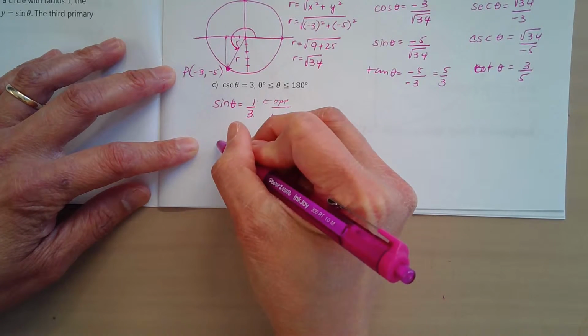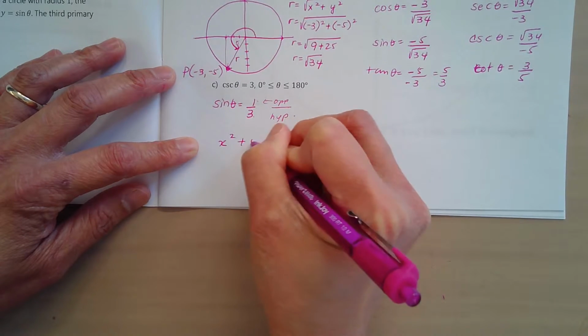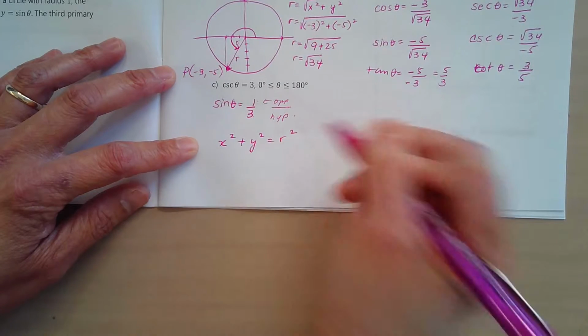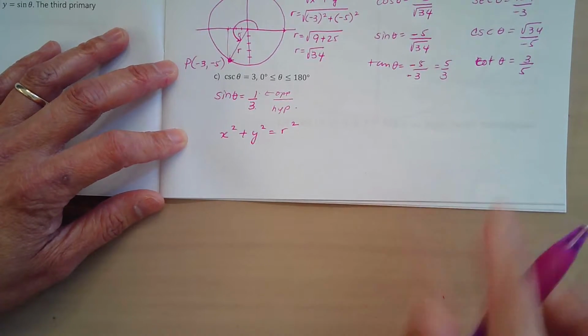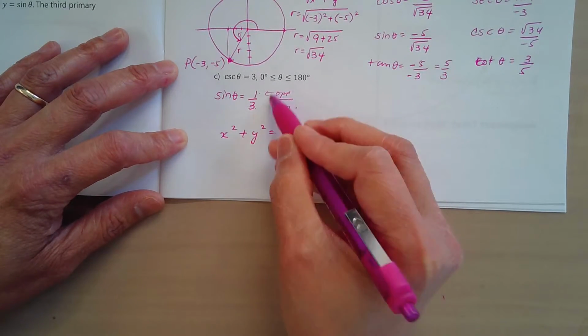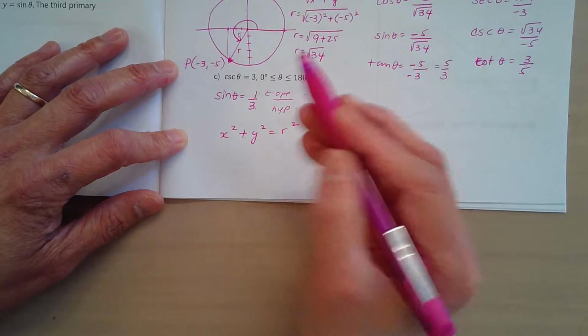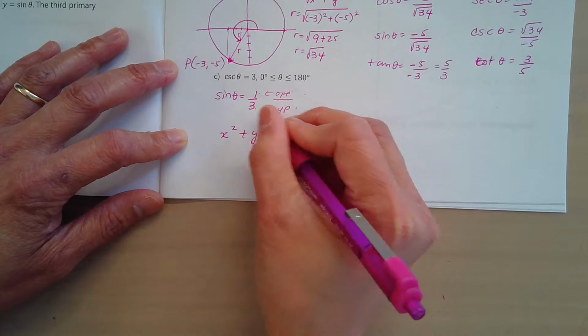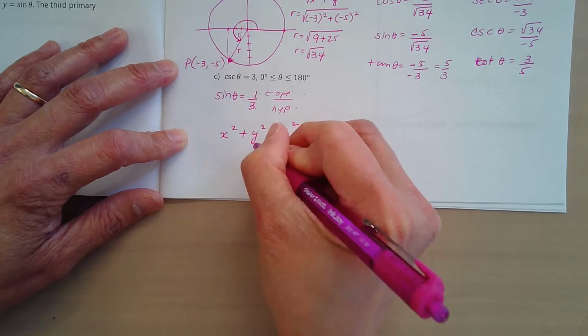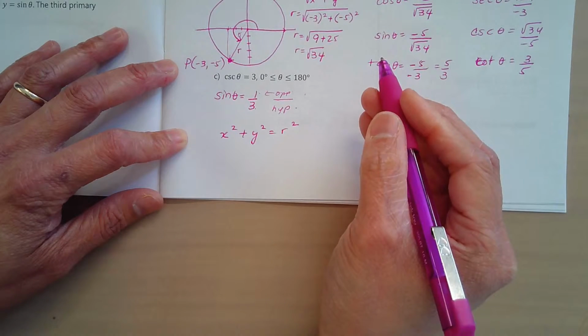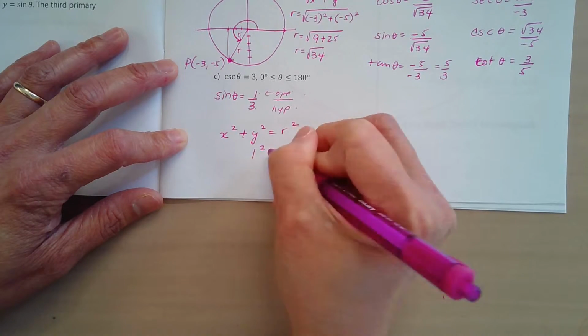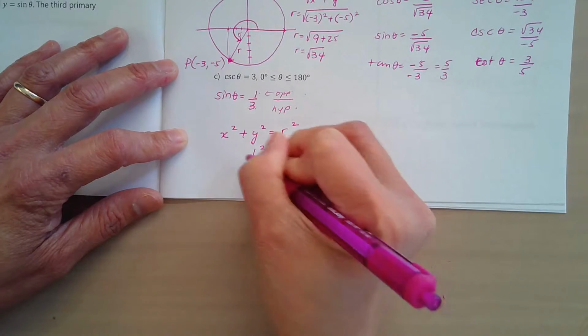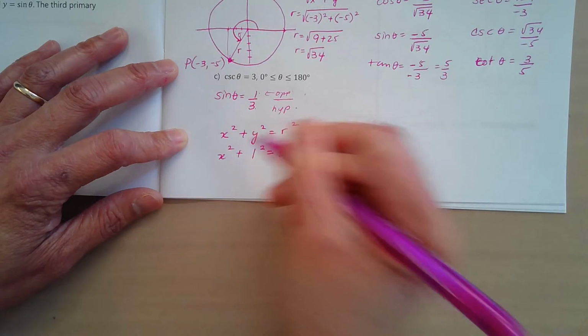So x squared plus y squared equals r squared. Opposite, that's the y, right? And the hypotenuse is the 3, so 1 squared plus x squared equals 3 squared. We're looking for x squared.